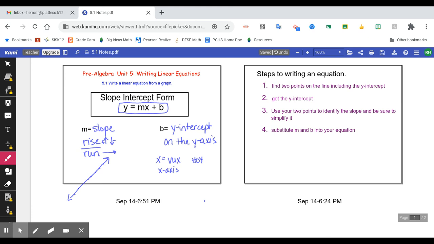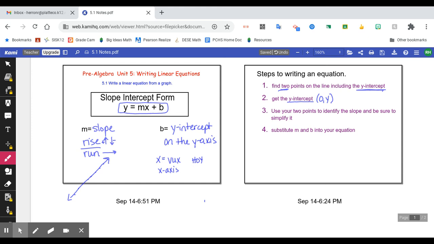So, a couple of steps here. Find 2 points on the line, including the y-intercept. You have to have 2 or you can't make a line. Get the y-intercept, right? So we're going to write it down. This is going to be our 0, comma, whatever that y value is. Use your 2 points to identify the slope and be sure to simplify it.